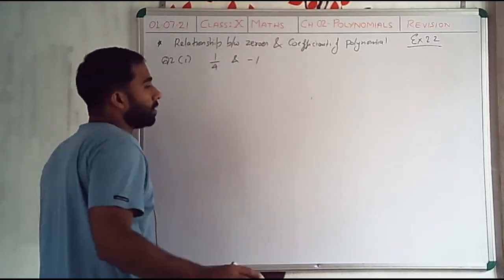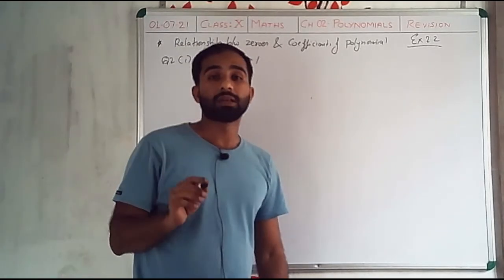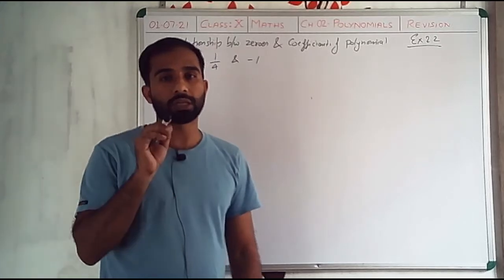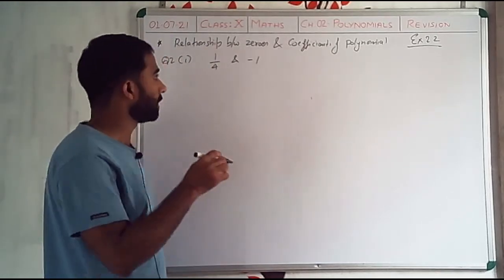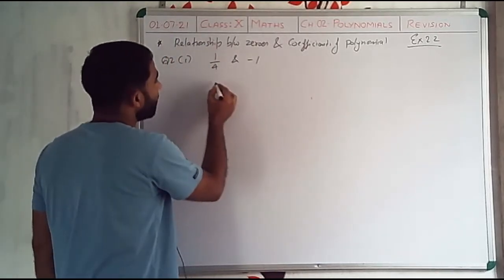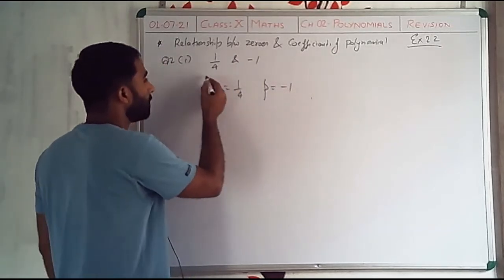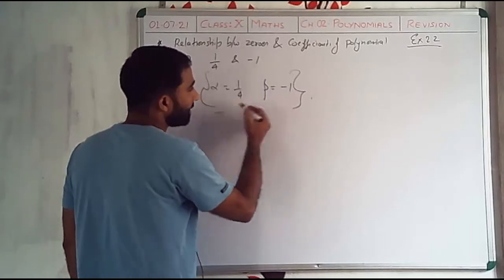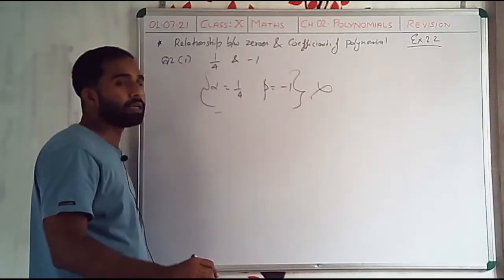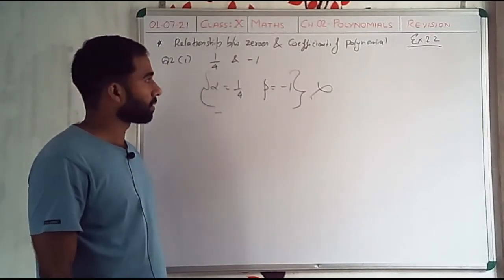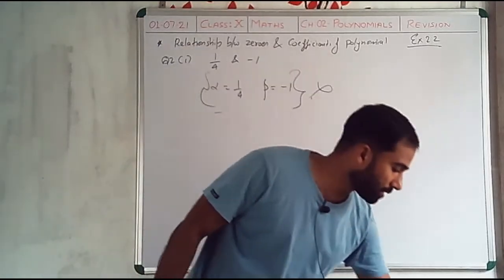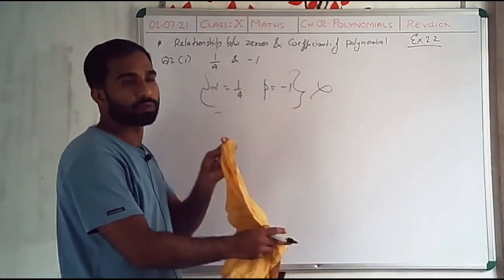You must read this question carefully, because many students consider alpha is equal to 1 by 4 and beta is equal to minus 1, and when you consider like this, your answer will be incorrect. Therefore we must read the question carefully.